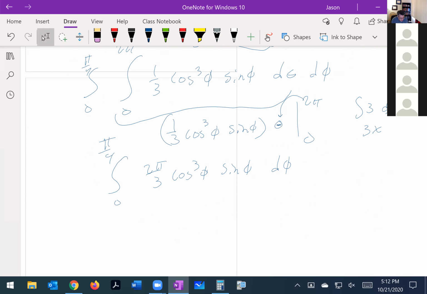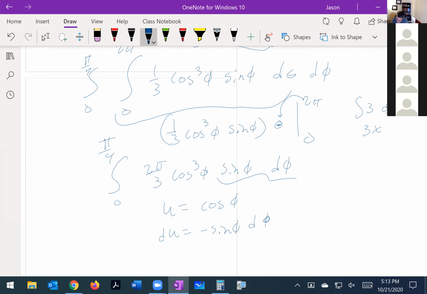Well, this is just the easy u sub. u is equal to cosine phi. du is equal to negative sine phi d phi. Look, there's my integration factor.